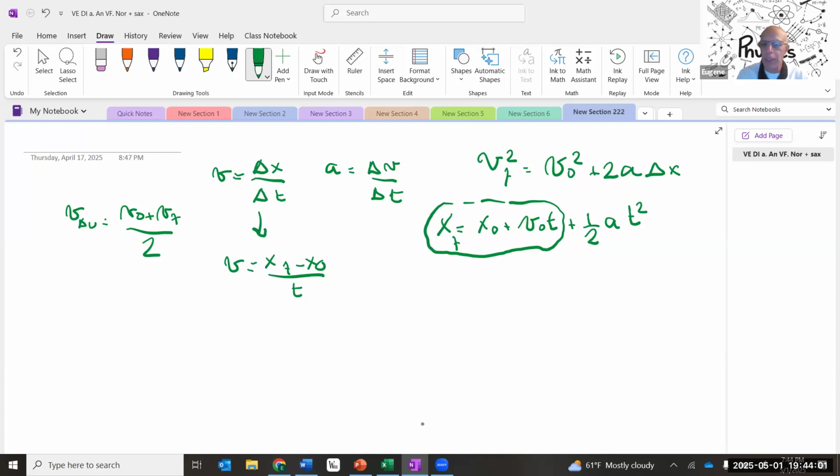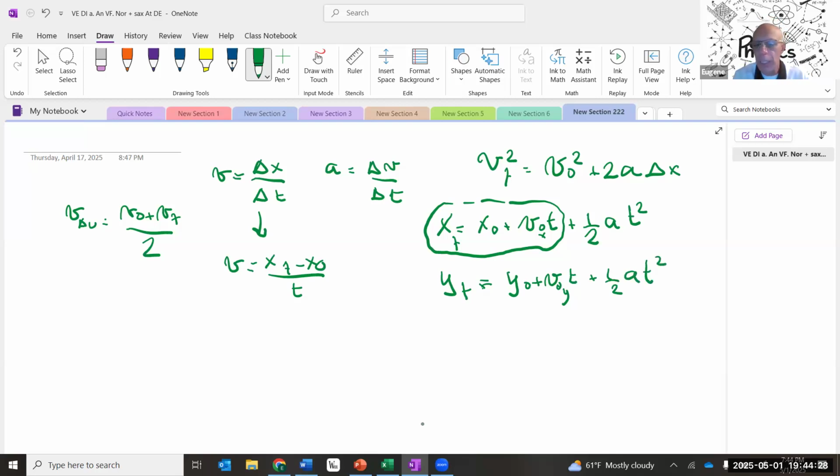Now, if I want to talk about the 2 dimensions, then we introduce y, and of course, y is also going to be a factor here. Now it's v0y, and this here is v0x because this is in the x direction. Here is in the y direction, plus 1 over 2 a t squared.